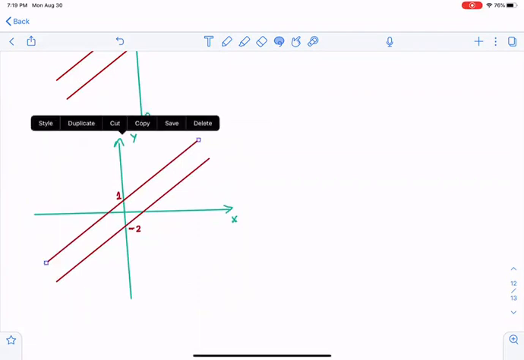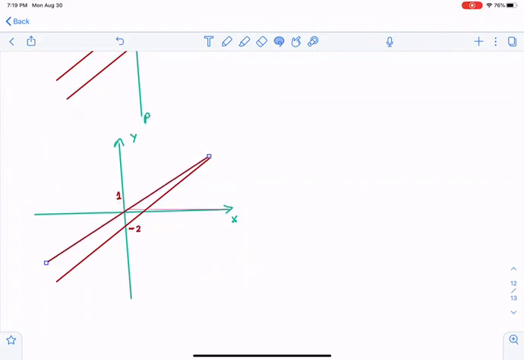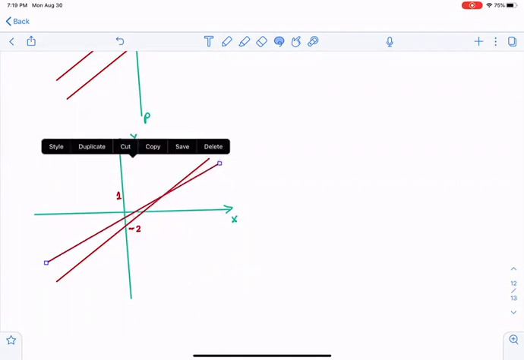So I'm going to select a second line, and let's see if I put it in a different slope, if it's still parallel. So if I tilt the line a bit, changing the slope, then naturally you can see that the slope is no longer the same, and they're not parallel to each other, and they intersect.